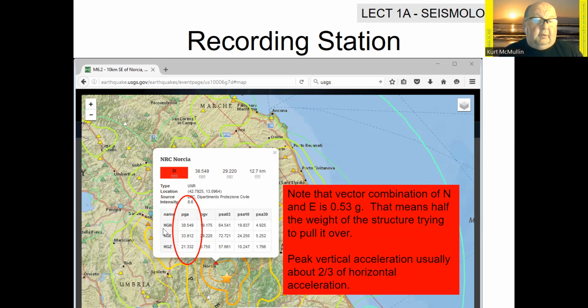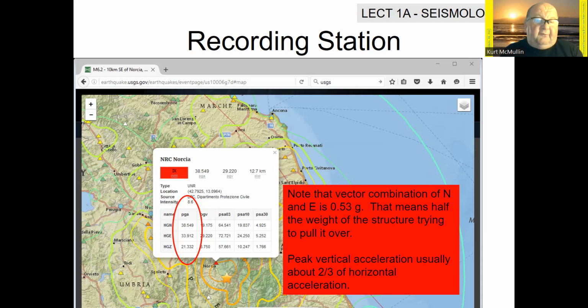Now, of course, we got a reading in the north-south and the east-west, and those are 2 components. Depending upon how the instrument was installed, the maximum acceleration probably didn't occur along either one of those 2 components. So if we do the vector sum of the largest north-south and the largest east-west, we find that the vector sum is 0.53 G. So half the weight of the structure was trying to knock that building over.